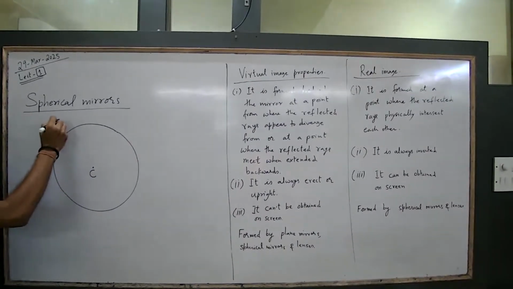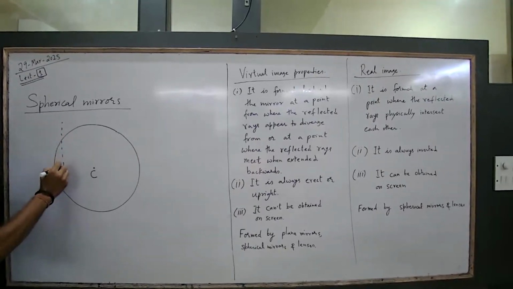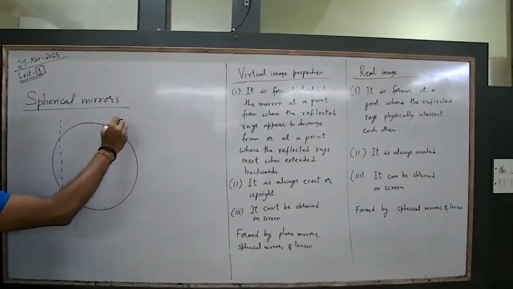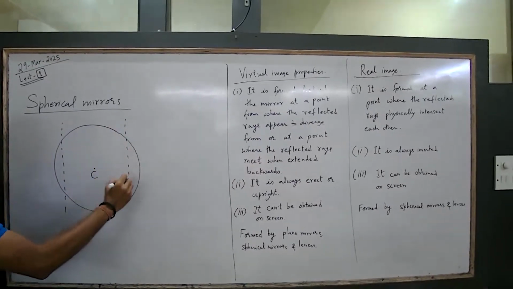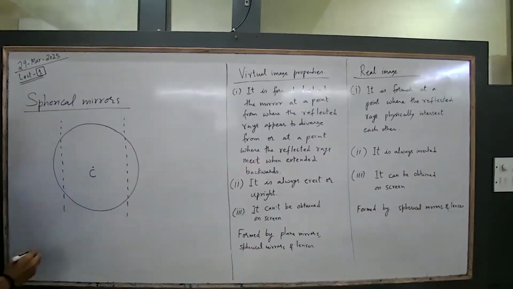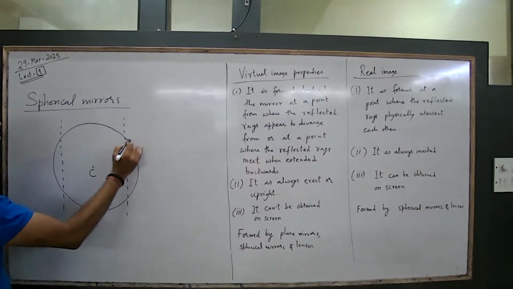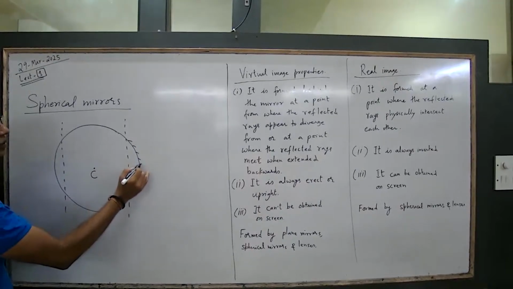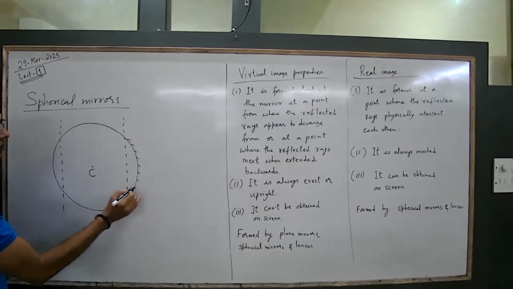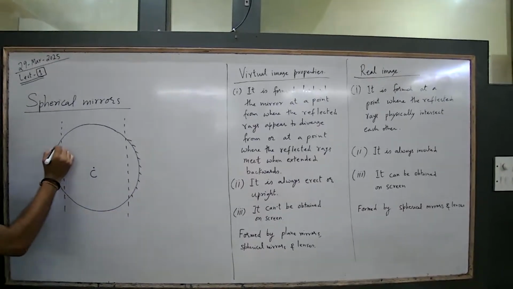Now you make a cut on both sides, and then a silver coat on one side. Here also is a silver coat.